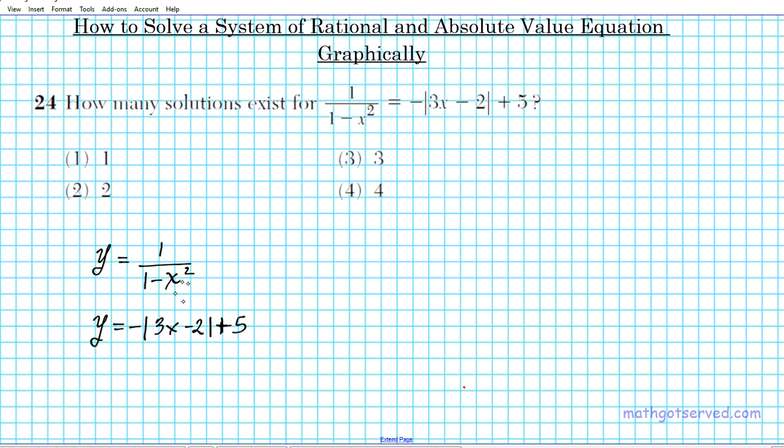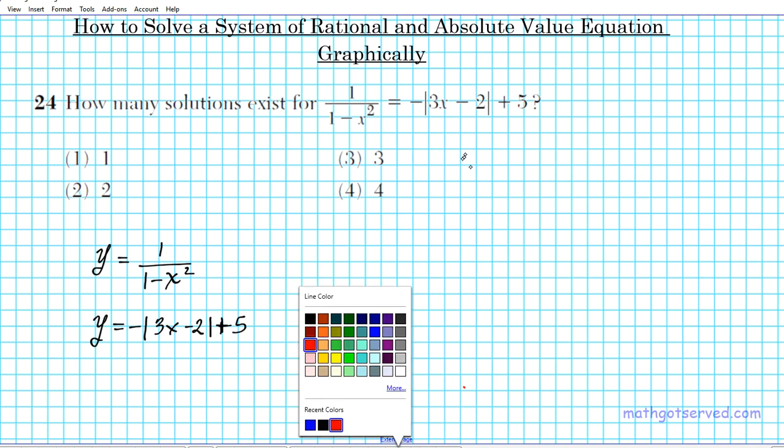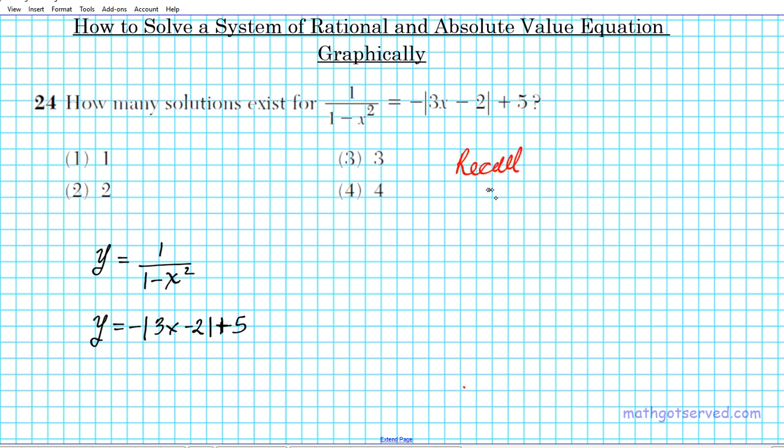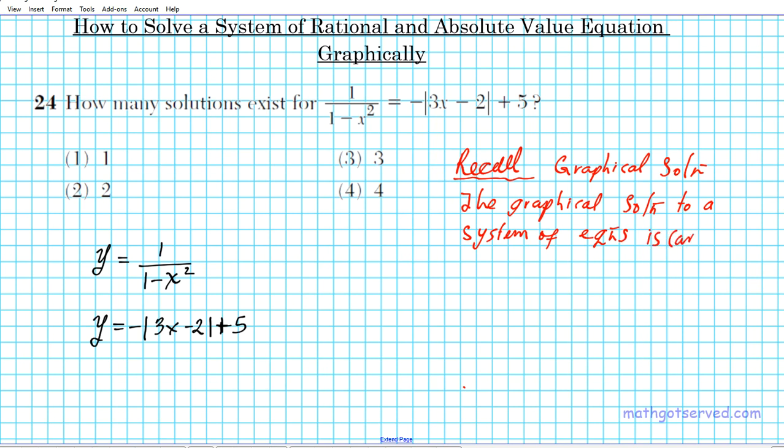Now, if you have a system of equations like this and you want to solve it graphically, there is something that you have to remember. Recall the following concerning graphical solutions to a system: the graphical solution to a system of equations is the points of intersection.